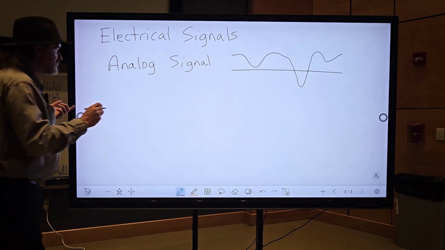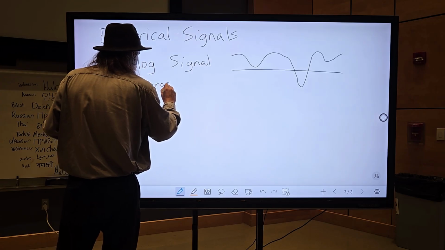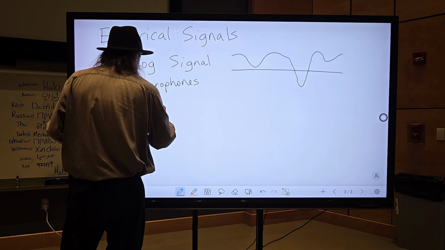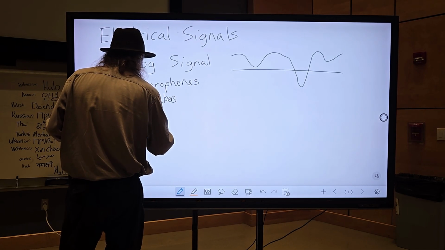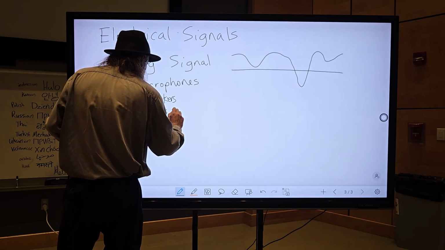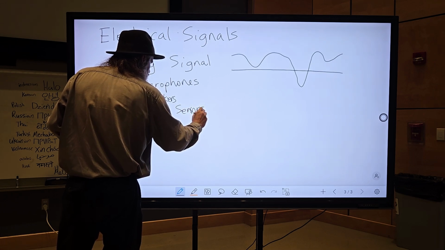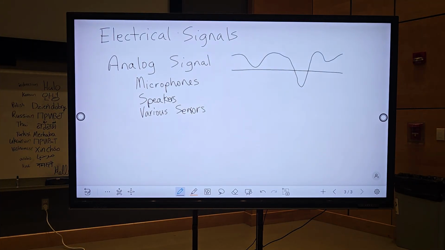So you have microphones, the signal going to speakers, and various sensors that you'll learn about later in the curriculum will generate an analog output where the signal varies over time.